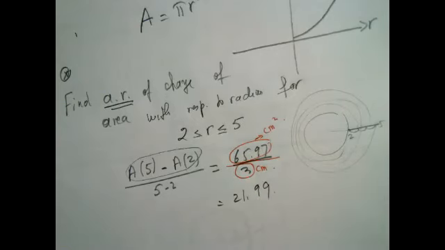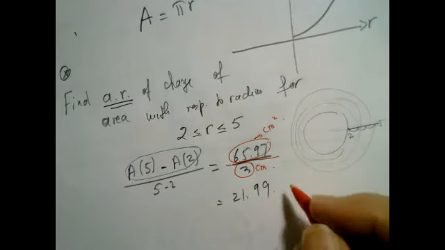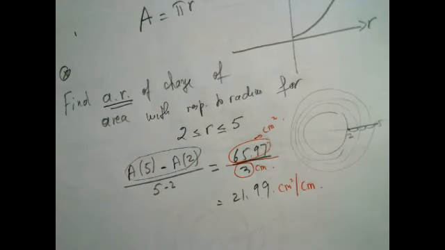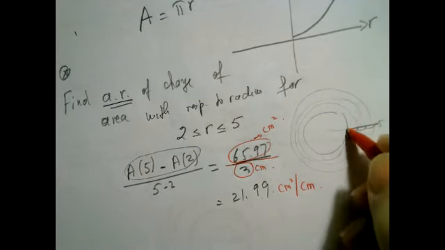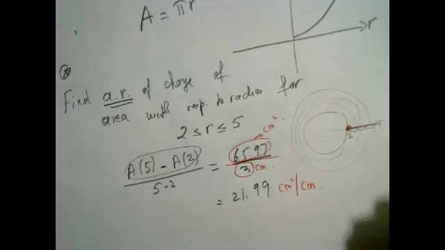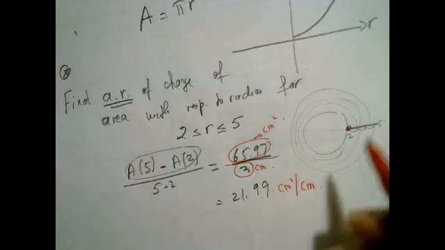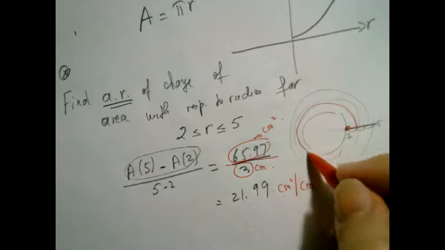The unit is centimeter. Right. So the unit of the average rate is centimeter square per centimeter. It means what your classmate wrote is exactly correct. It means on average, when the radius changes from 2 to 5, as the radius gets bigger, the area is increasing by almost 22 centimeters square per centimeter increase in radius.